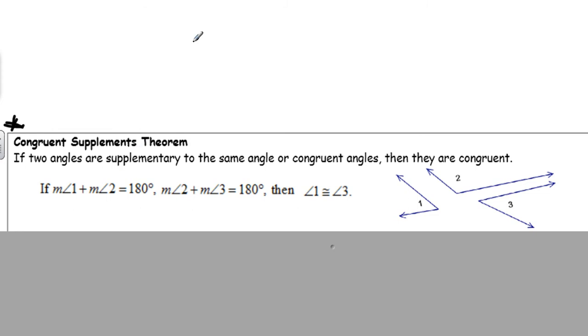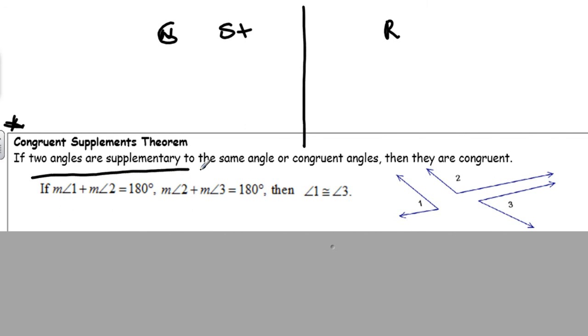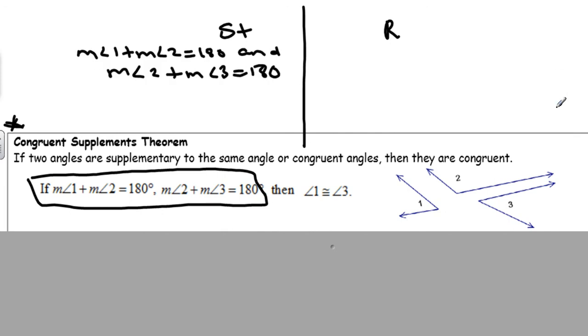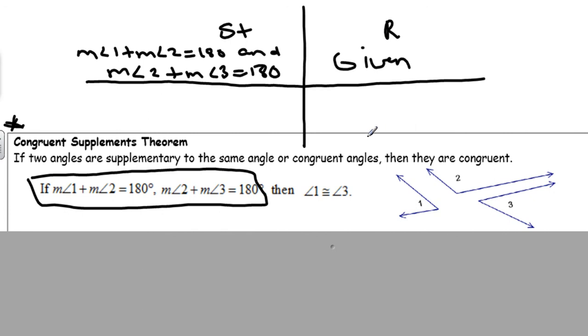If I had your given here, your statements here, and then your reasons here, you would see this first half under one line. So you would see that the measure of angle 1 plus the measure of angle 2 equals 180. And the measure of angle 2 plus the measure of angle 3 equals 180. Your reason for seeing that statement would be a given. They would give that to you.